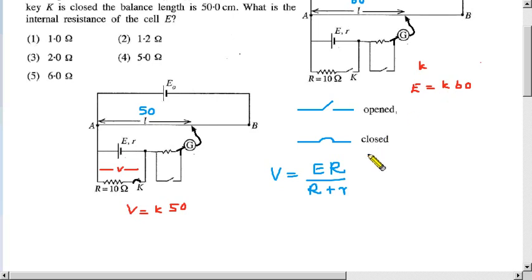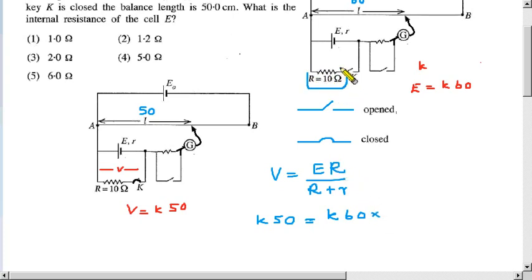So substituting these two expressions into this one, what is V? V is k times 50. What is E? k times 60 multiplied by, what is R?